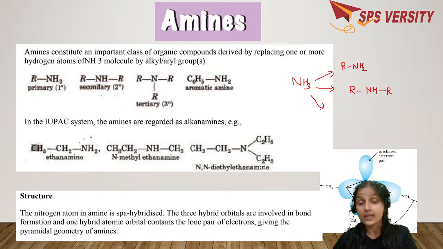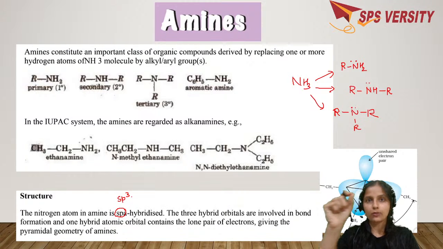You can even replace the third hydrogen by an alkyl group, then it is RNR with one more R. In all these cases, nitrogen is going to have a lone pair of electrons. And what is the structure? It is not sp2 hybridized, it is sp3 hybridized. Just like the ammonia molecule, the nitrogen present in amines is sp3 hybridized.